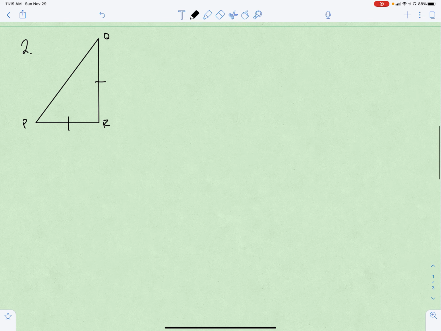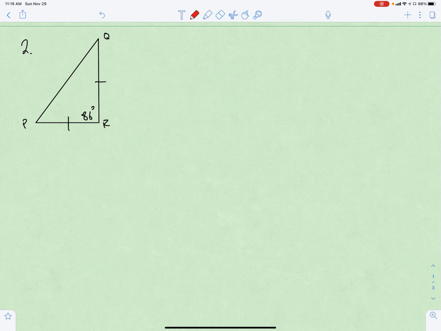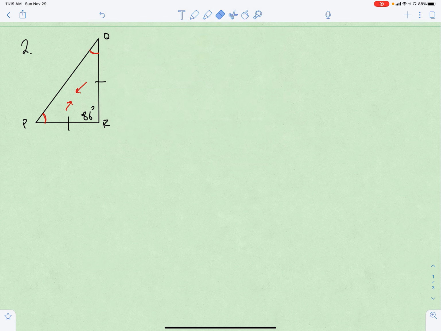So if we're going to try to find out what these angles are, we're going to say angle R is 86 degrees. So we're trying to find angle P and angle Q. So again, looking at this picture, the important thing is that we understand what the theorem is trying to tell us. We know that this is an isosceles triangle. So if I draw an arrow there, that angle and that angle are congruent. That's the important thing that we have to know. And again, I'm going to write that out in words. So that means angle Q is congruent to angle P.